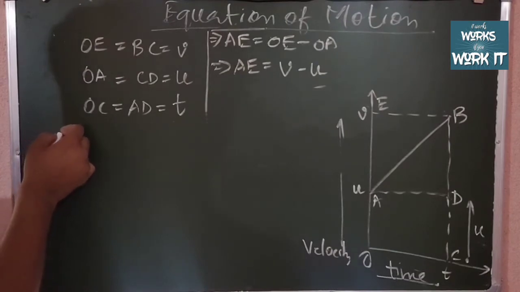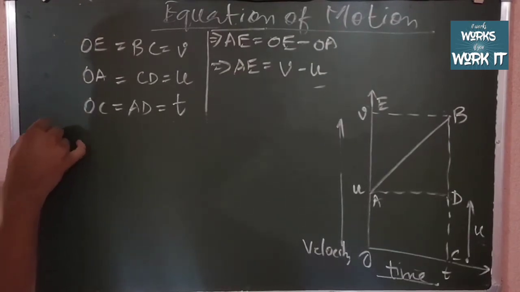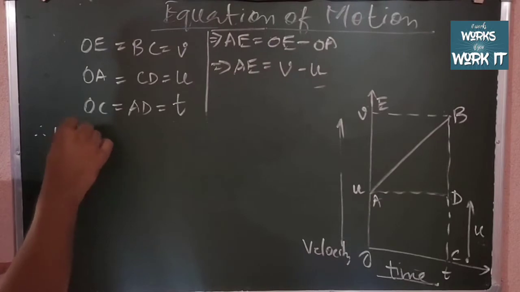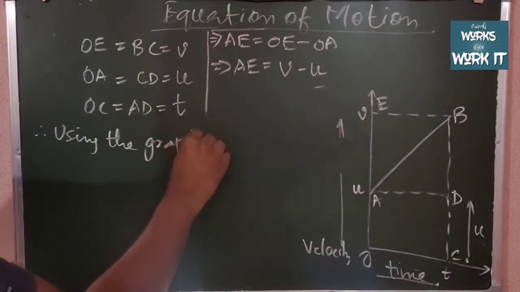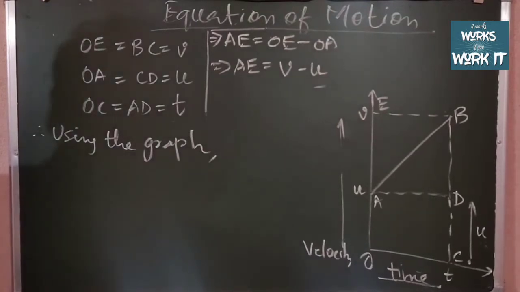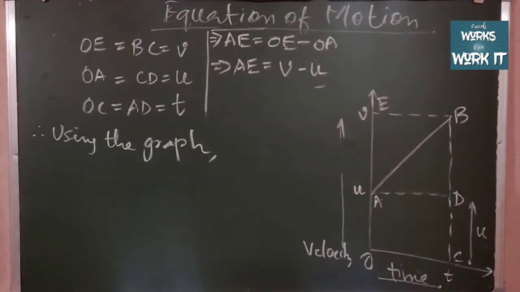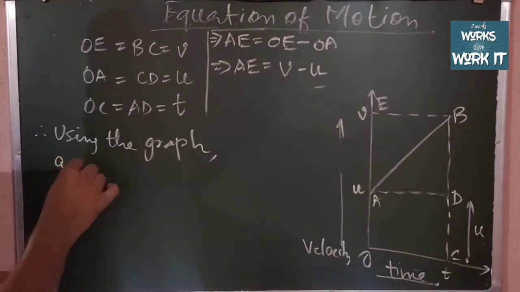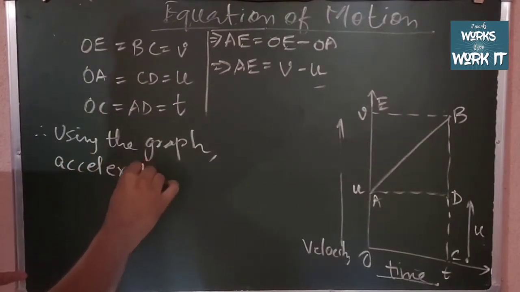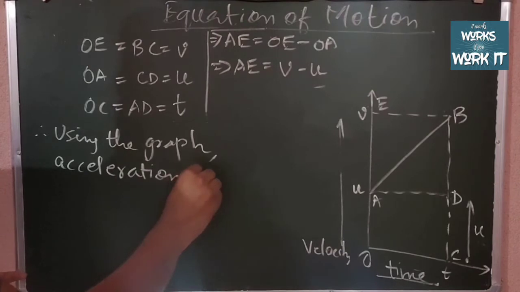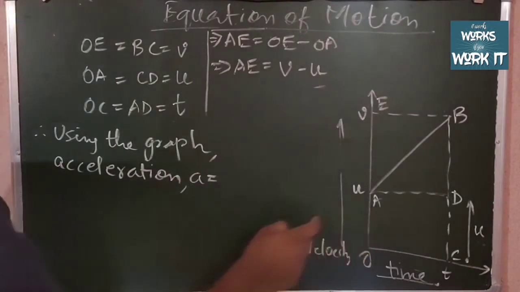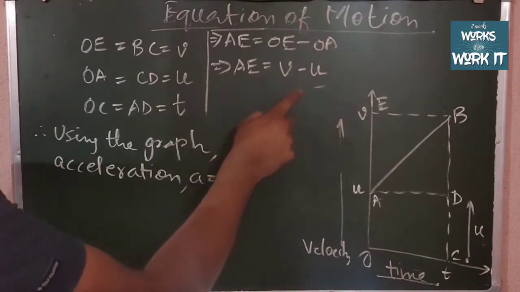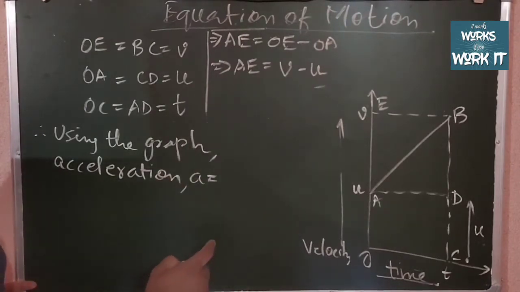Therefore, using the graph, acceleration is denoted by a. We have seen acceleration earlier, and what was the formula of that?